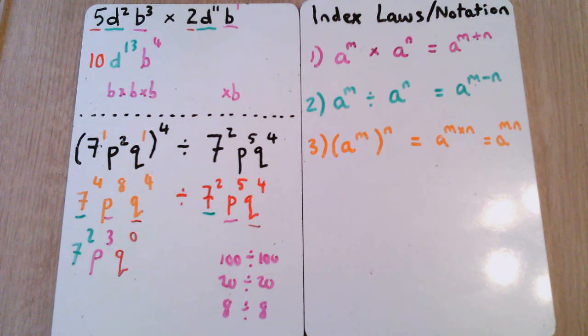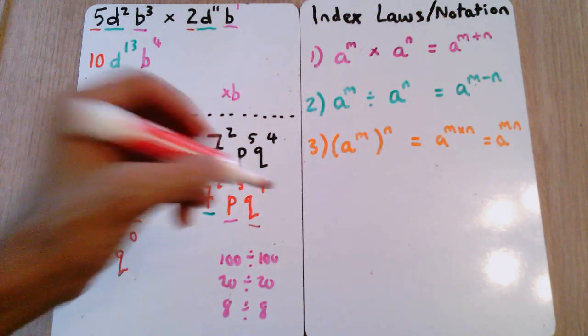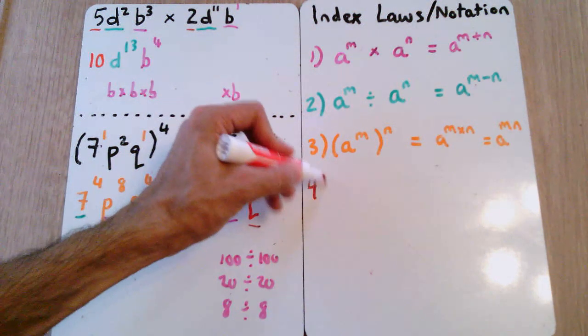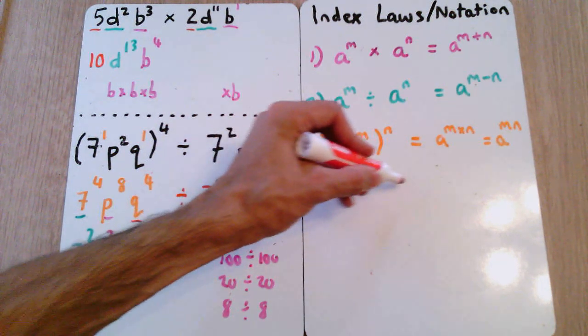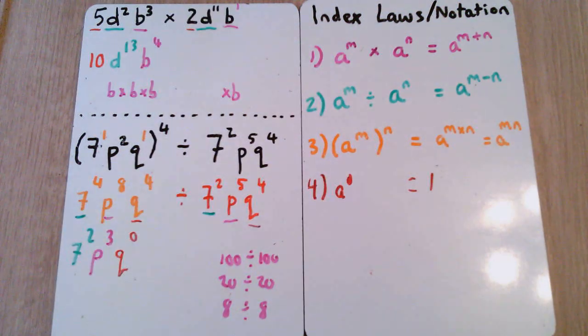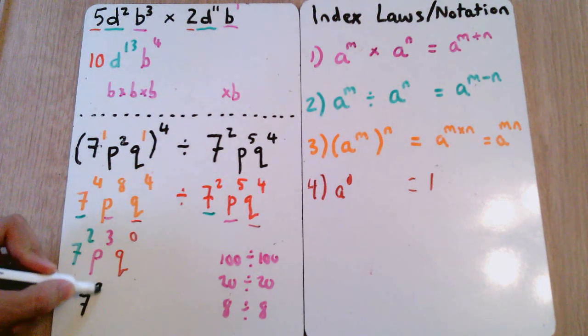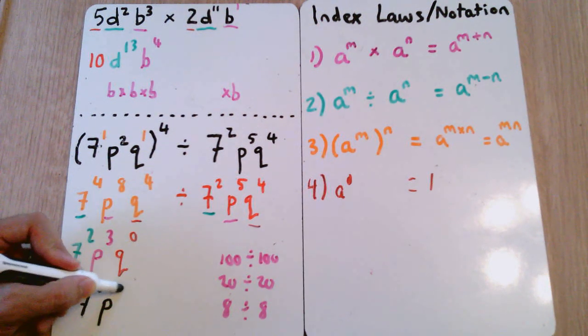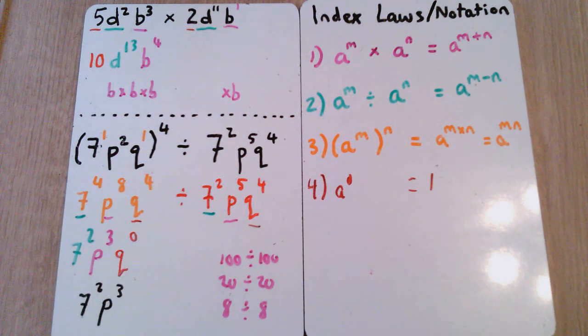So something we haven't looked at, which isn't as important for today, but we can add in, is that a value to the power of 0 is always equal to 1. If you leave it like this, it's okay for now, but it's just something to note for later, that our final answer should just simply be 7 squared and p cubed. If you remember the q to the 0 for this video, it's not a problem, but we will look at that in a later video.